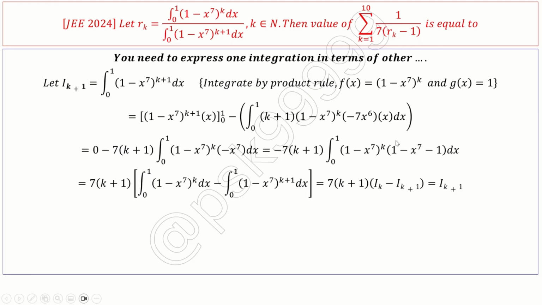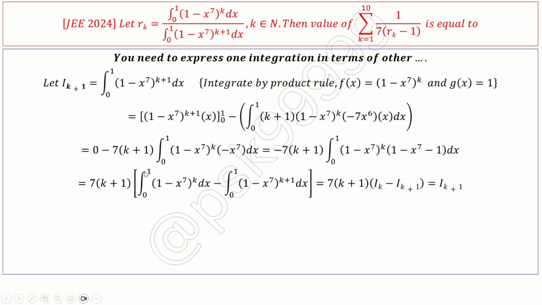Now I am multiplying 1 minus x to the power of 7 with this, and I have a minus sign, so minus the integration from 0 to 1 of (1 minus x to the power of 7) whole to the power of k plus 1 dx.